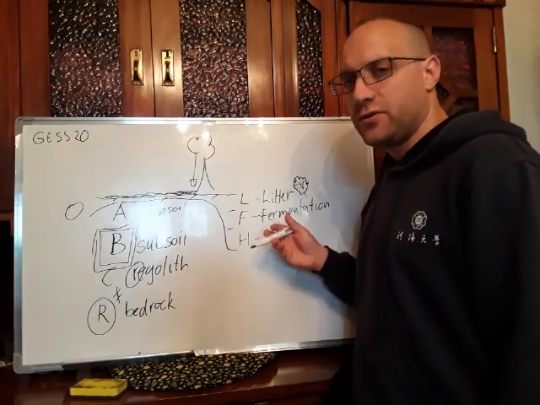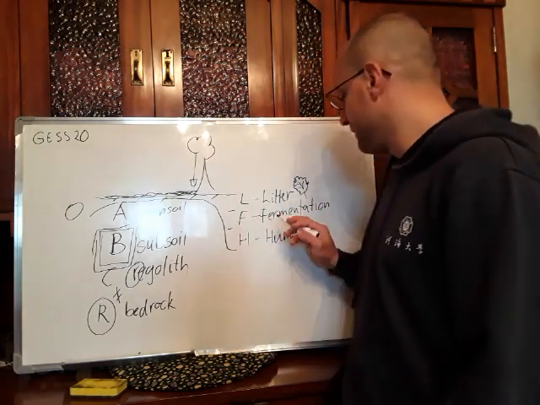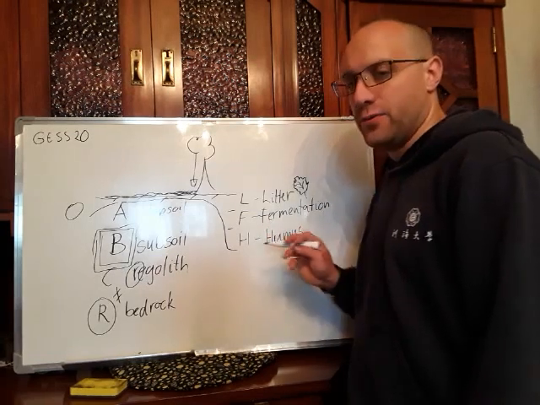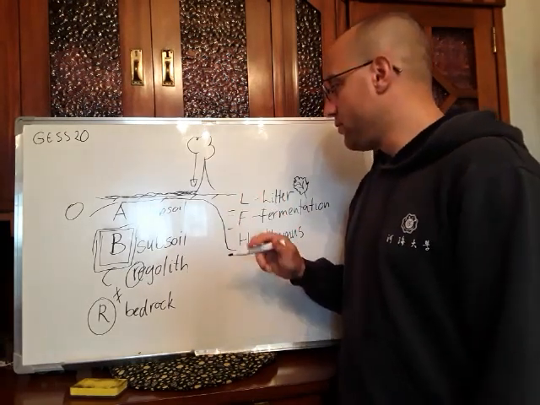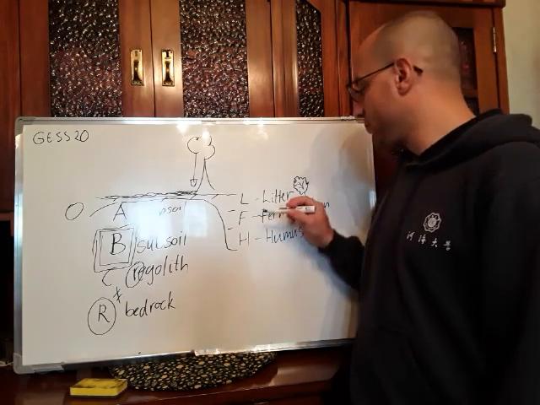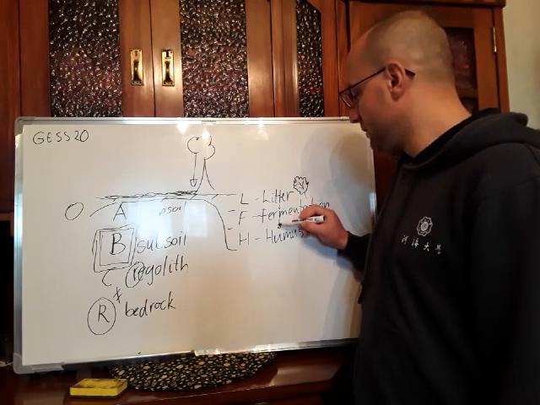When this actually goes through composting and rotting, then we can call it the fermentation layer, when it's actually rotting and turning into humus. So that's why these are built on one another.